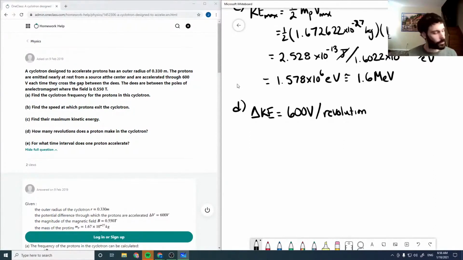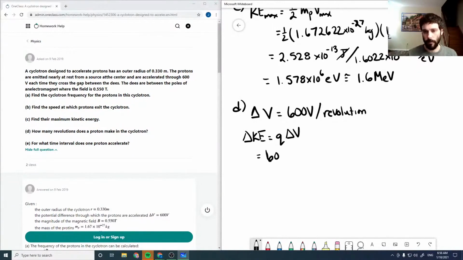And we can convert this to eV by, our delta V, I should say. And we can convert this to a delta KE by multiplying by charge.